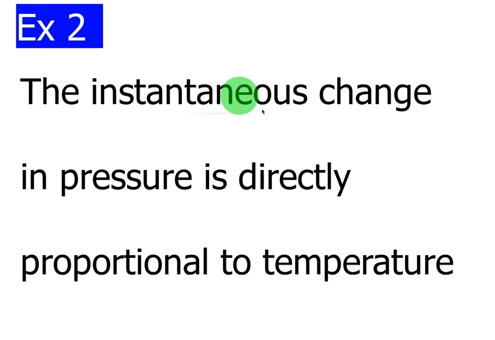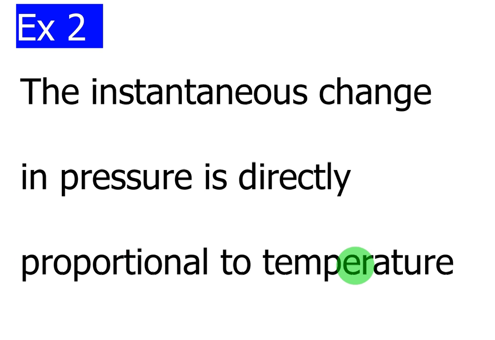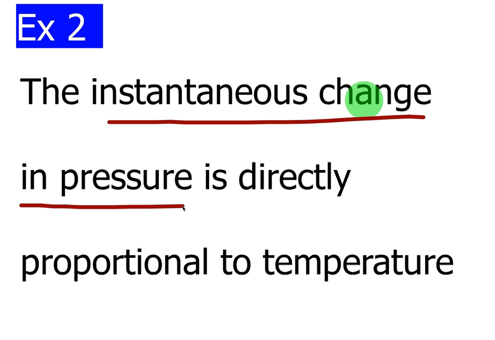Second example, the instantaneous change in pressure is directly proportional to temperature. So again, for my first step, I'm going to convert my words to algebraic expressions. So let's talk about the first part, instantaneous change in pressure. I'm going to write that as dP over dt, because as we've said many times in this class, instantaneous rate of change is just the derivative, which we can write as a differential ratio.